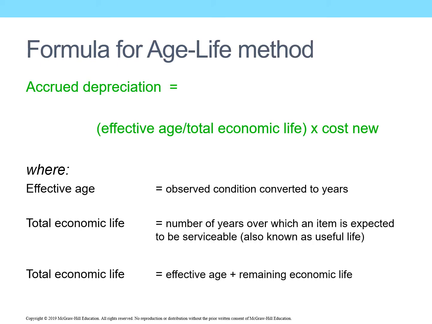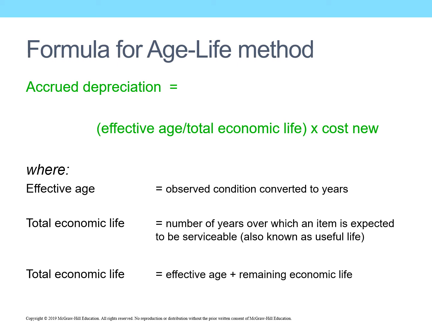So again, the process is exactly the same as we undertook in the past, but now we're using a different type of property. We're going to use our formula where accrued depreciation is equal to effective age divided by total economic life, and that multiplied times the cost new of the improvement.